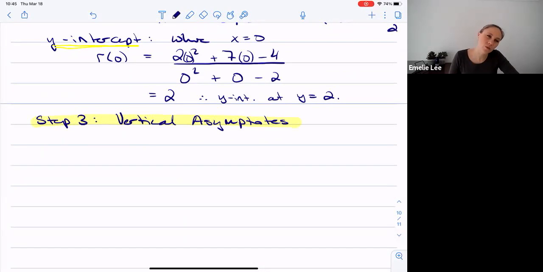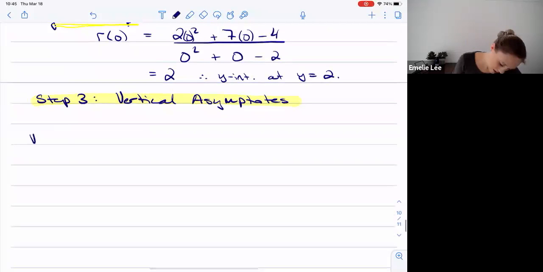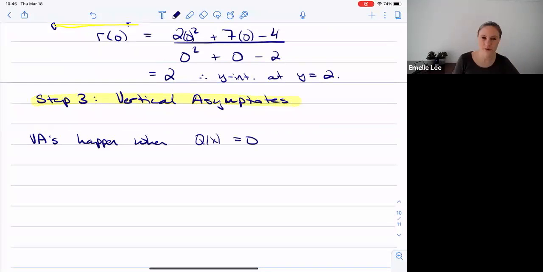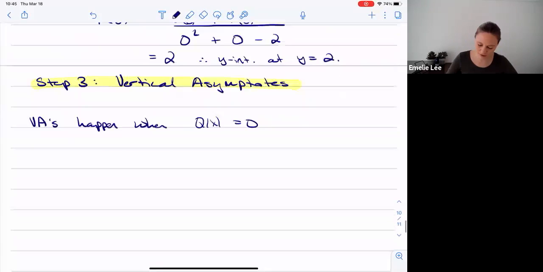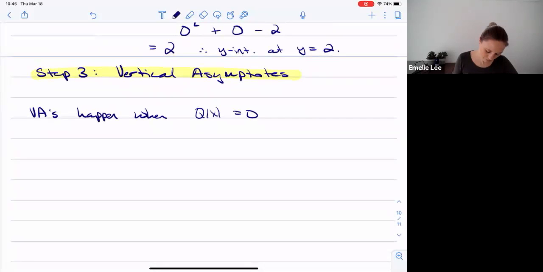So we factored the numerator to find the x-intercepts, and then we factored the denominator to find the vertical asymptotes. So vertical asymptotes happen when q of x equals 0, right? Because we can't divide by 0, so here we'll have these kind of jumps.